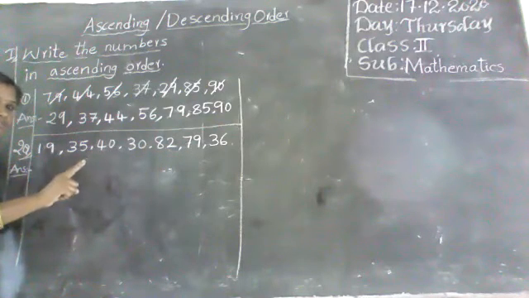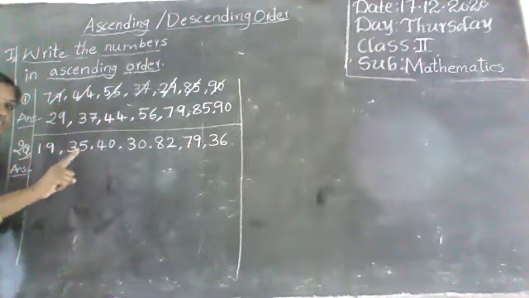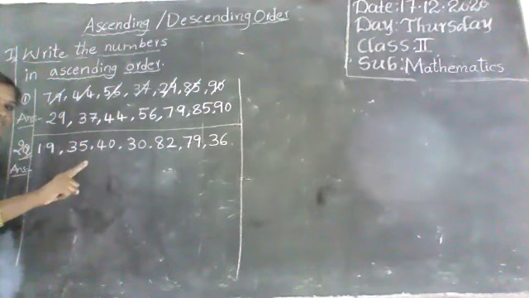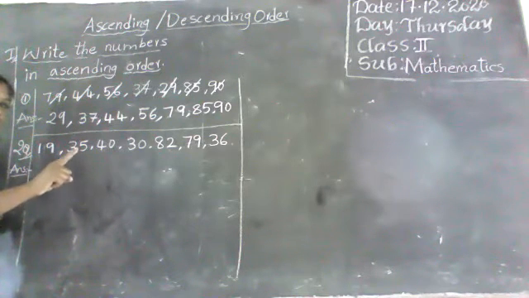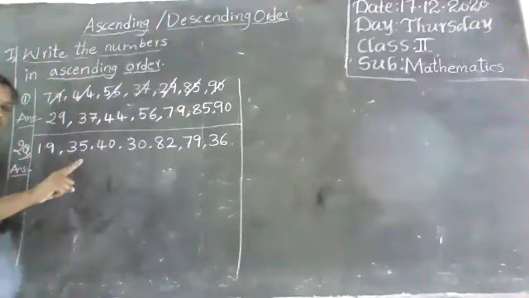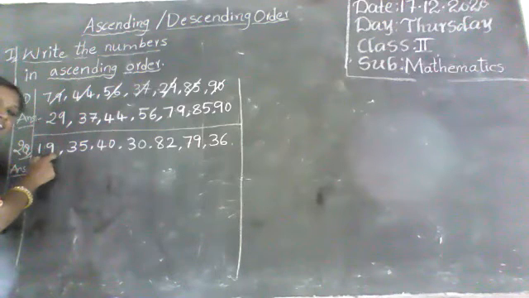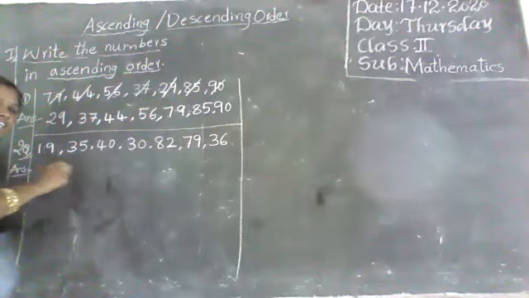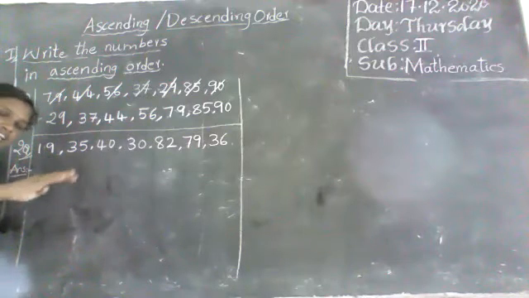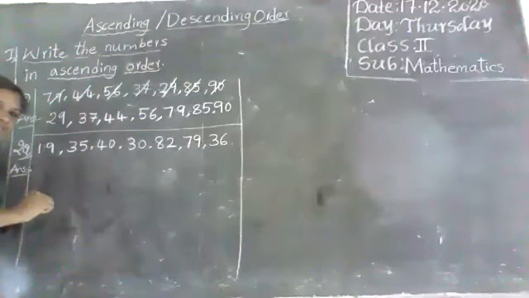Which is the smallest? 19 is the smallest. Why? Because in forward counting, 19 comes first.